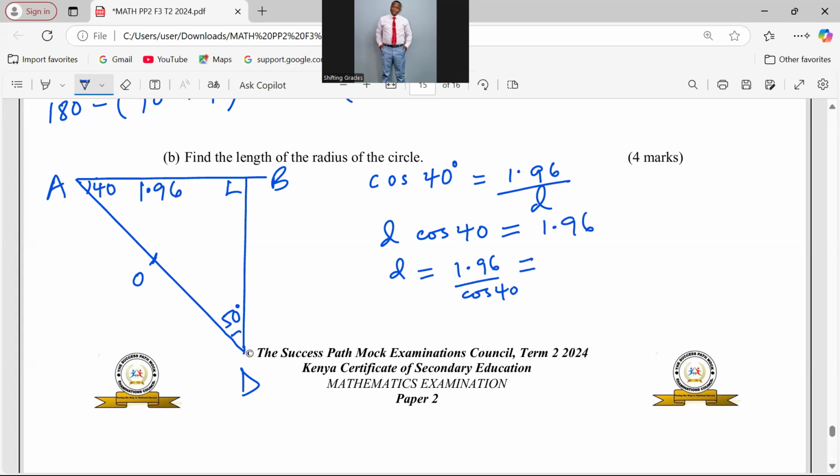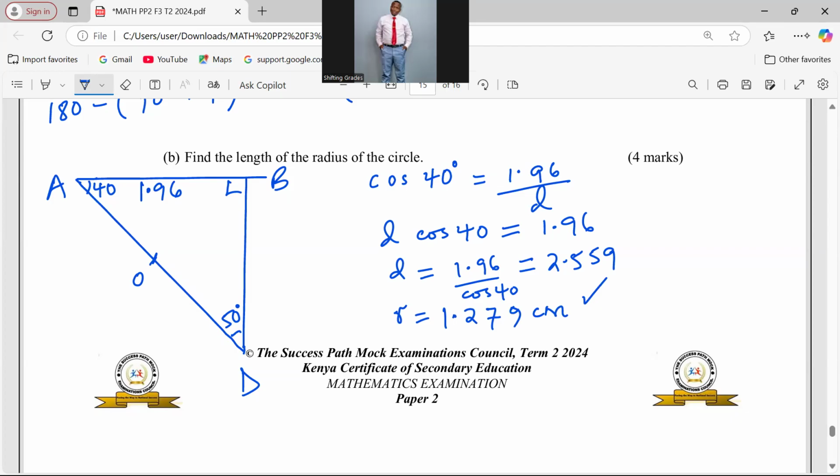So 1.96 divided by the cos of 40 shall be 2.559. For us to get the radius, we have now to divide this diameter by 2. This gives us 1.279 centimeters. So this is our radius to an accuracy of 4 significant figures.